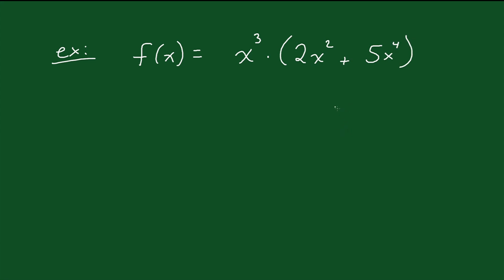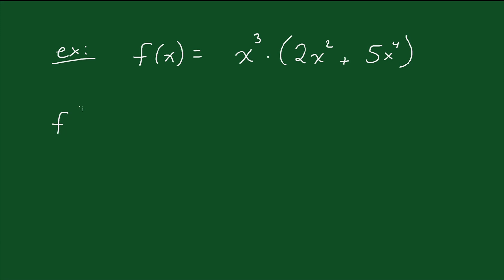Now, of course, if you wanted to, you could distribute this, right? You could expand it and then take the derivative using only power rules, but that's not always going to be an option going forward when you have more complex and different types of functions. So I want to illustrate how you would use the product rule in this case.